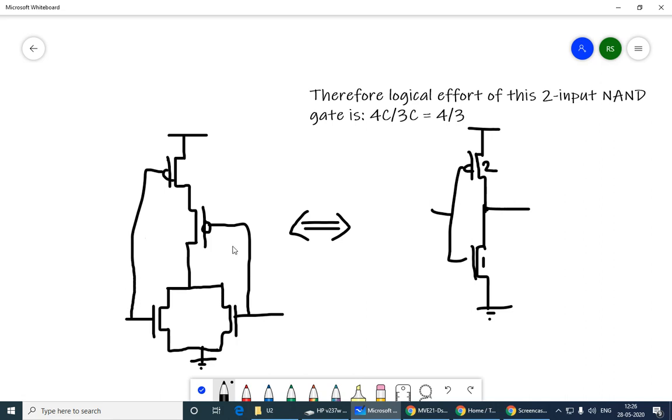Okay, and now sizes 2, 1, and here start with the bottom 1, 1. If you remember, this was 4 and 4.